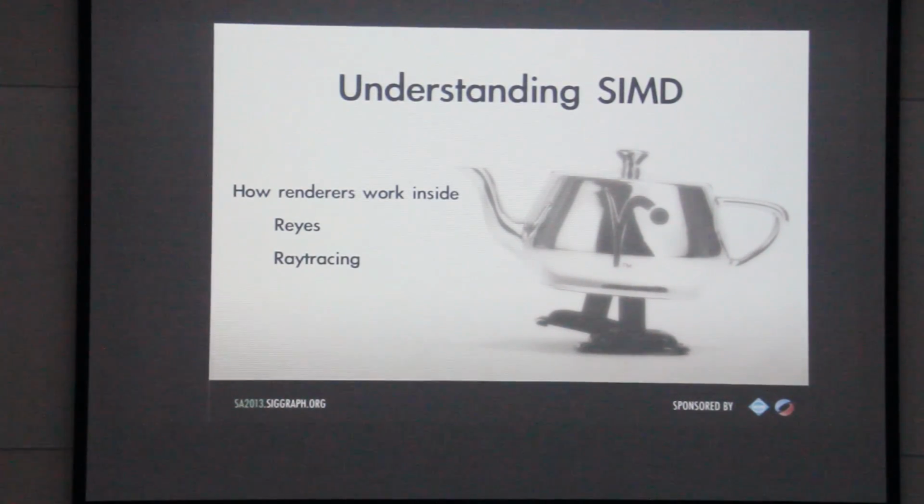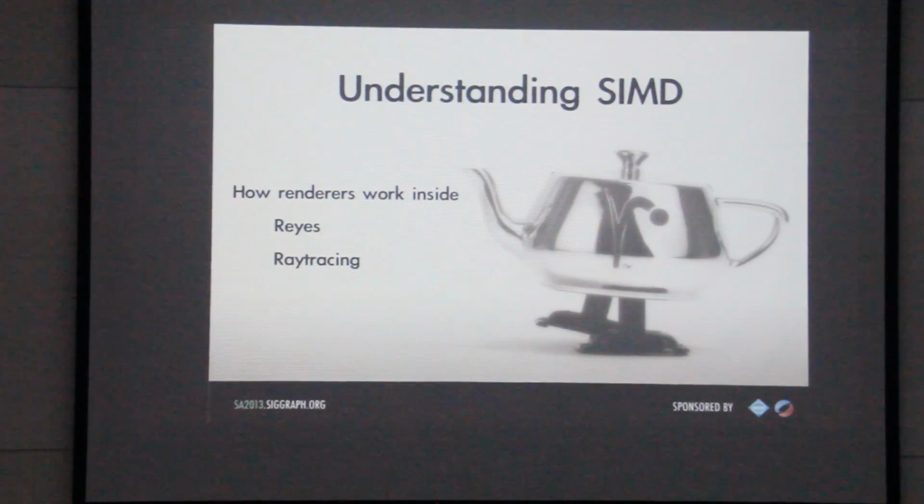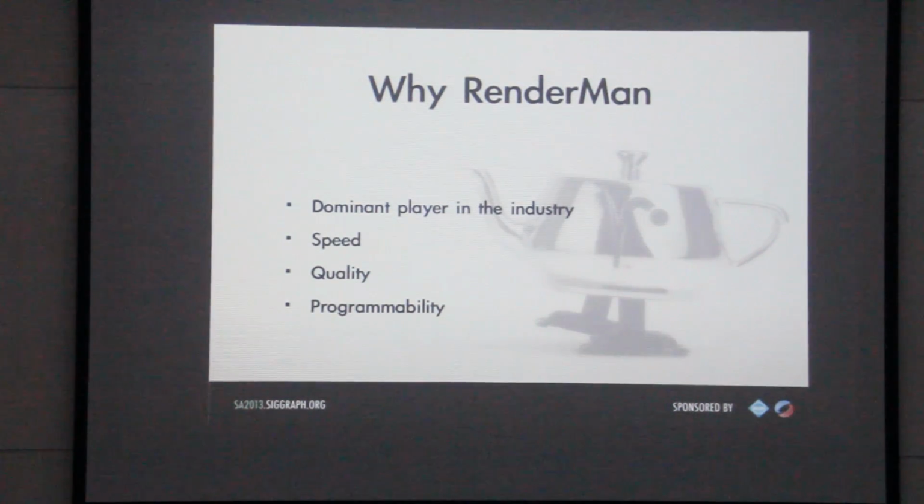All right, so this is where the presentation takes a turn for the geek in a big way, because I'm going to tell you guys how a renderer works, or how the various ways renderers can work. In particular, I'm going to talk about two ways to render images: REYES and ray tracing. I'm going to talk about them in the context of RenderMan.